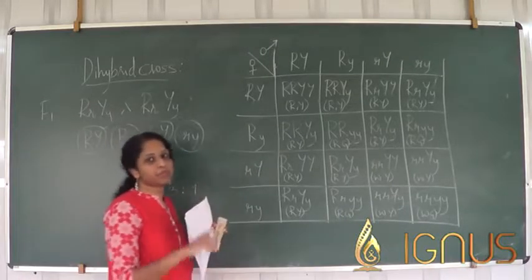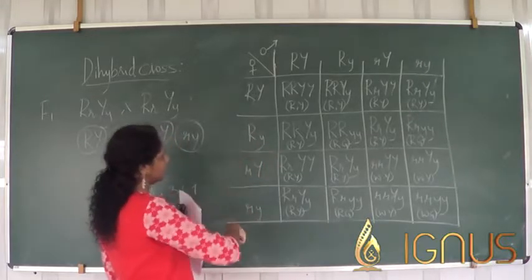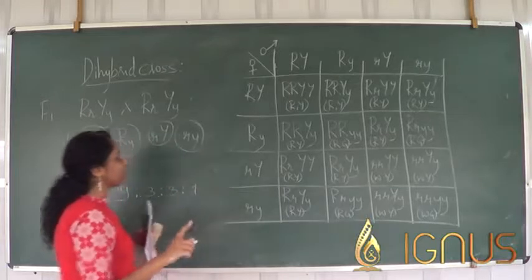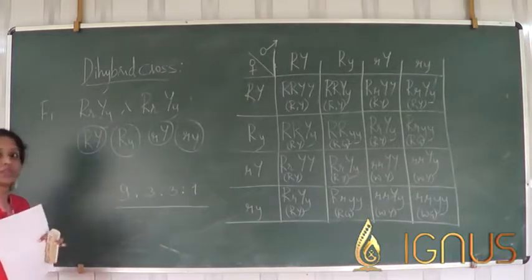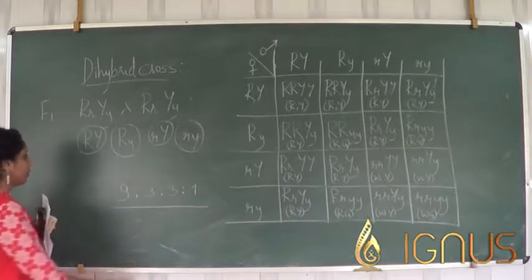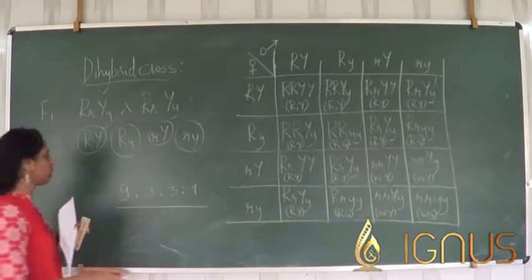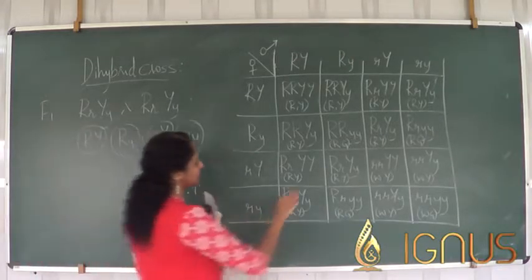Now, if you're going to put up a Punnett square and cross all the 4 different gametes with each other, you're going to get this result. Okay. Now, the phenotype is going to come out in the 9:3:3:1 ratio, where 9 being the dominant, meaning you have round and yellow. Then you have 3 of them, which would be round and green.